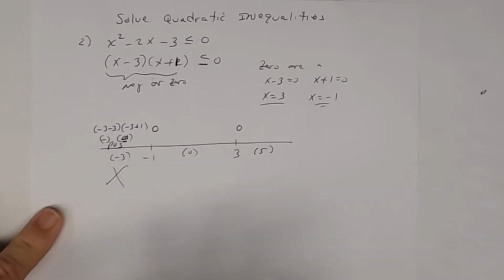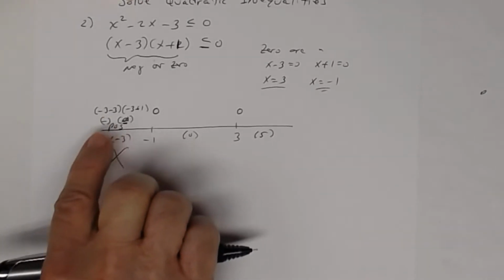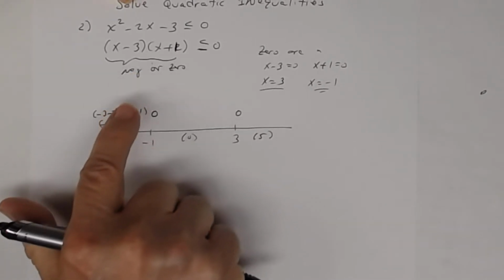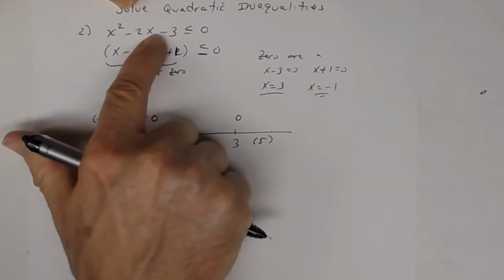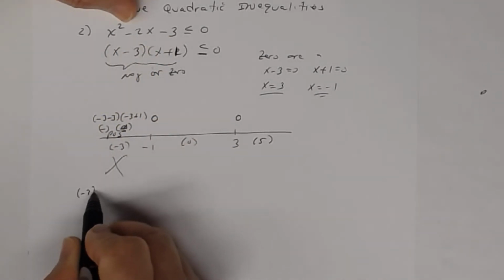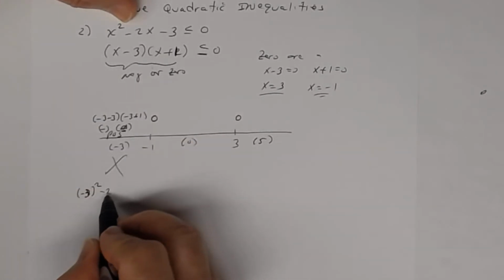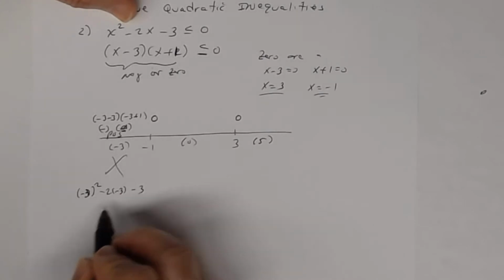Okay. Now, I want to remember I said earlier when we started this, I was going to go back and show you if you want to use the original polynomial, you could. Here's what you got to do though. You're going to say -3 squared, minus 2 times -3 minus 3.